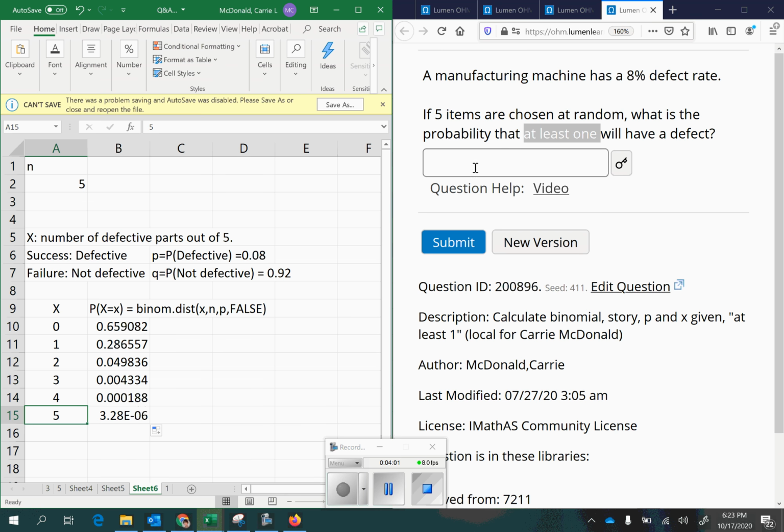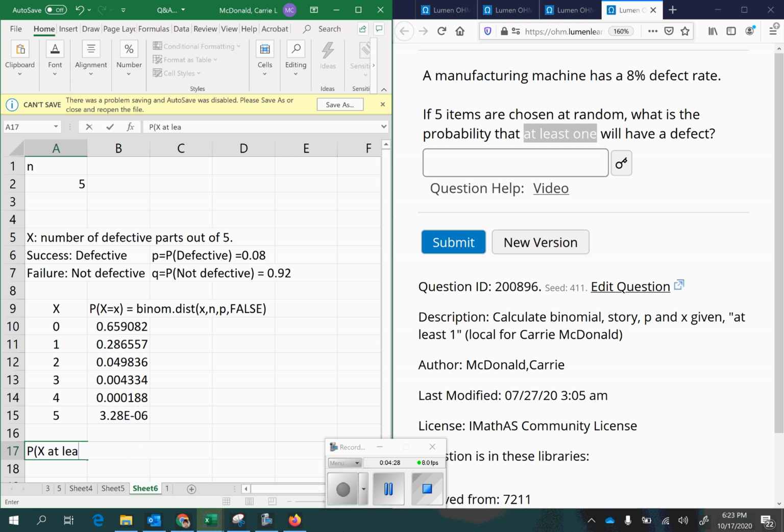But the question was, what is the probability of getting at least 1? Well, at least 1 would be any of these right here. So the cumulative probability, or the total probability for that, the probability that x is at least 1 would be equal to the probability of exactly 1 plus the probability of exactly 2, and so on, right?